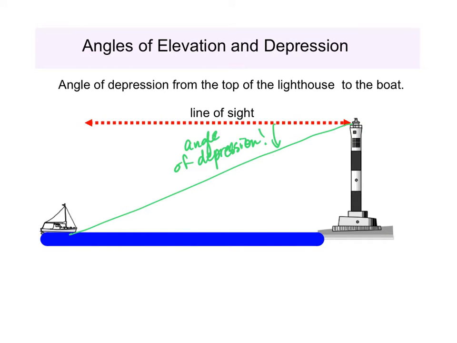A common error is that students look and say that this is the angle of depression, and it's not. Remember that the angle of depression is from the horizontal looking down.